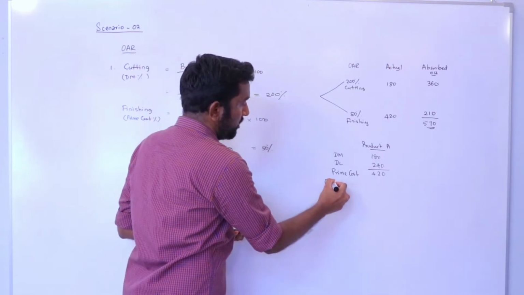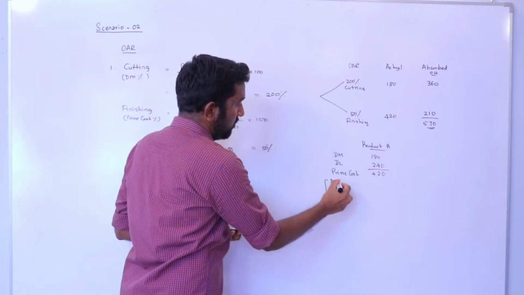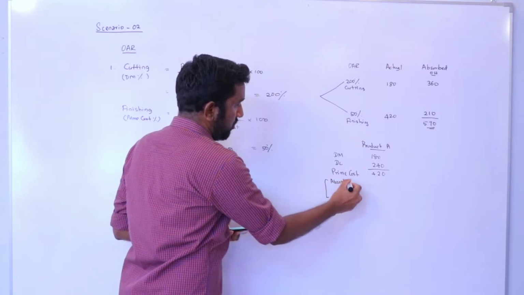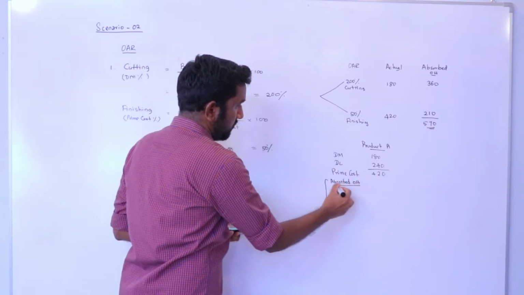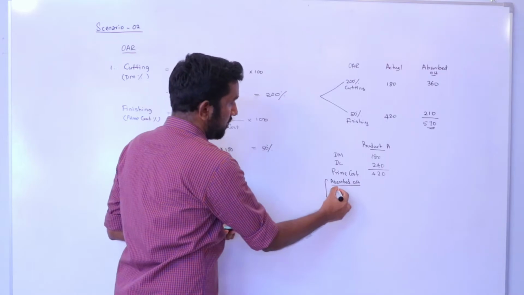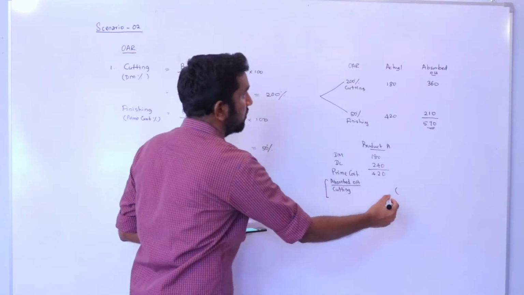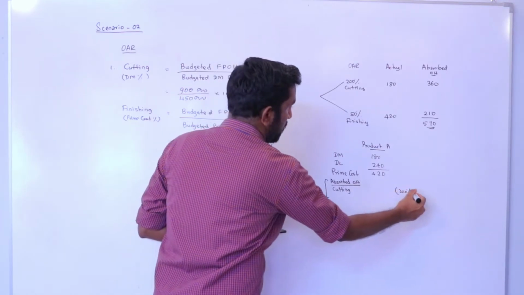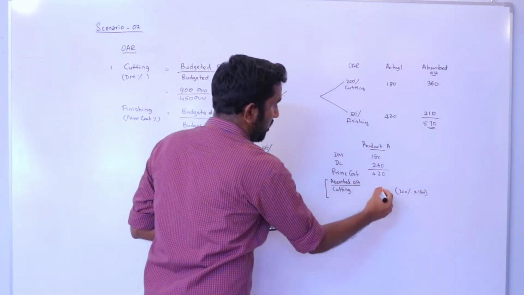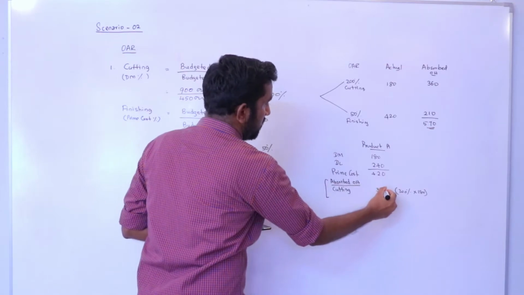So absorbed overheads. First department is cutting. How to find? 200% of 180, which I already found, is 360.